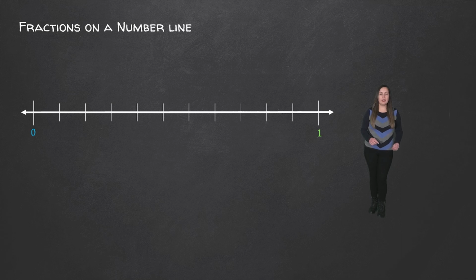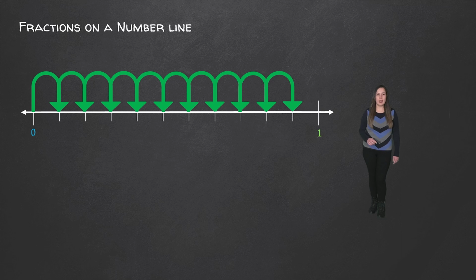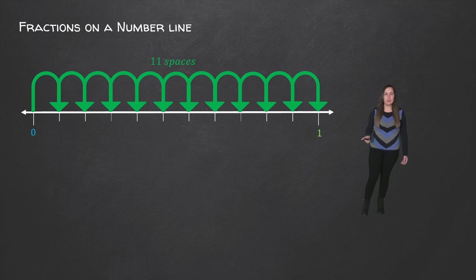Looking at our next number line, we have 1, 2, 3, 4, 5, 6, 7, 8, 9, 10, 11 spaces to get from 0 to 1. So it would take us 11 out of 11 spaces in order to make a whole. So here we're counting up by 11ths.